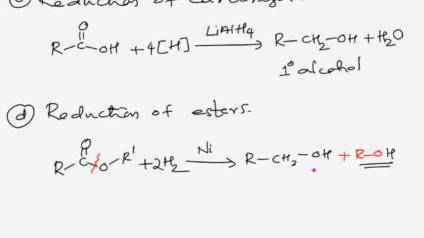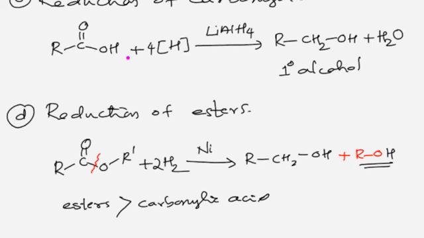An important thing is that esters easily undergo reduction compared to carboxylic acids. That is an important point to notice here. If you take esters and carboxylic acids, esters are more reactive. Hence the ester can be converted to alcohols by reduction with hydrogen in presence of nickel, palladium, or platinum catalyst.